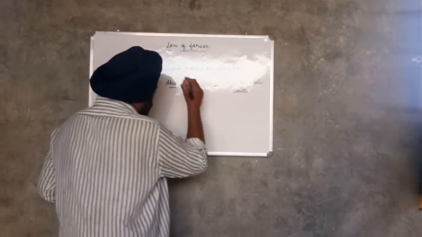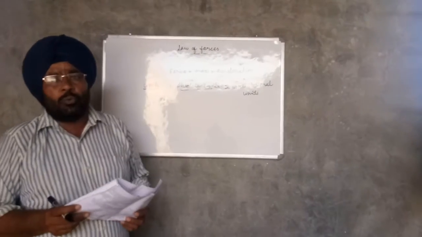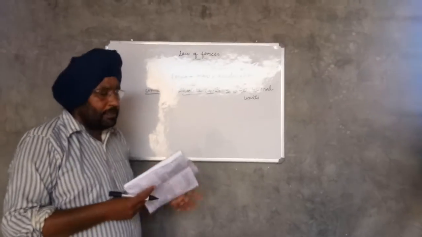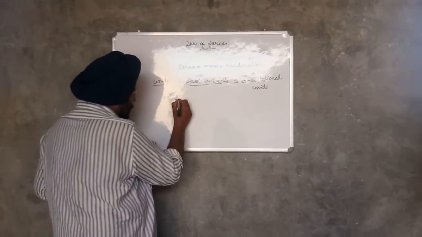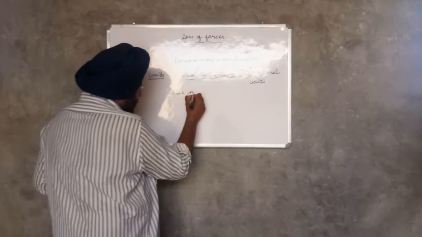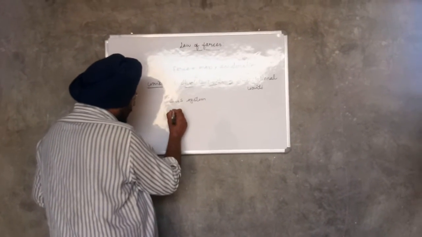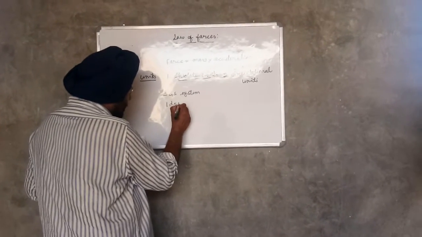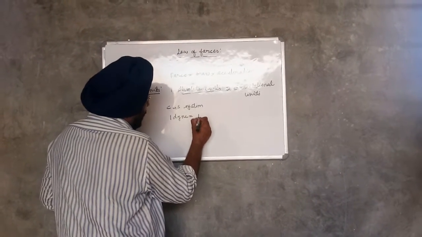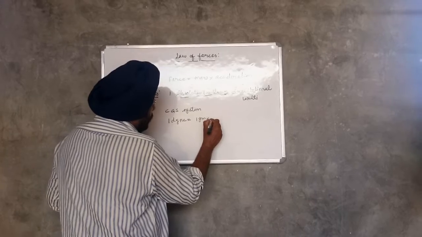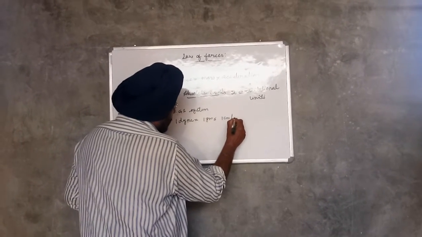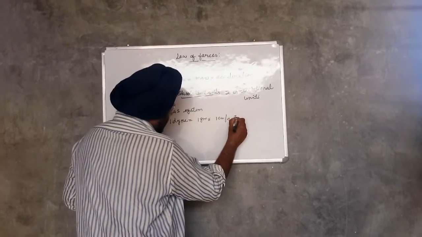First, absolute units. The absolute unit of force in the CGS system is the dyne. One dyne is equal to 1 gram into 1 centimeter per square second.